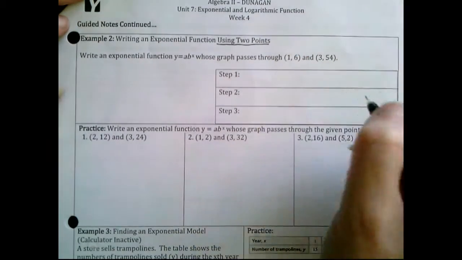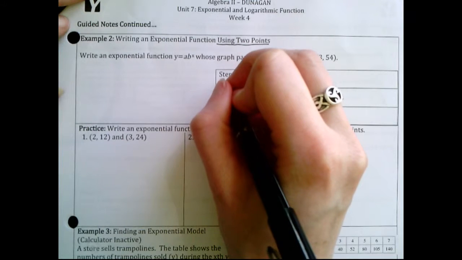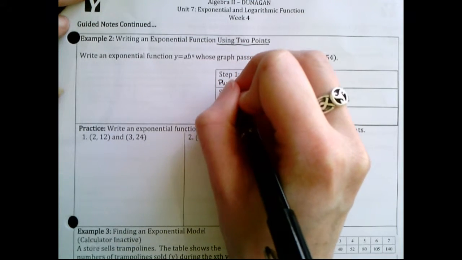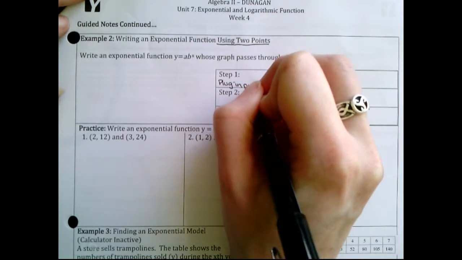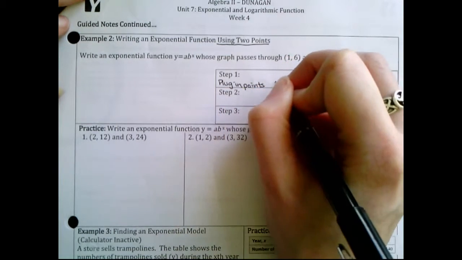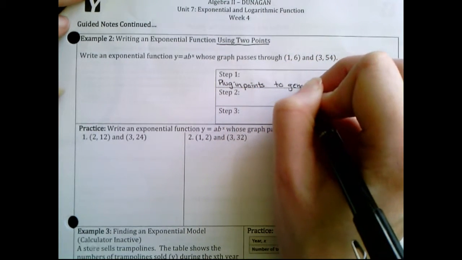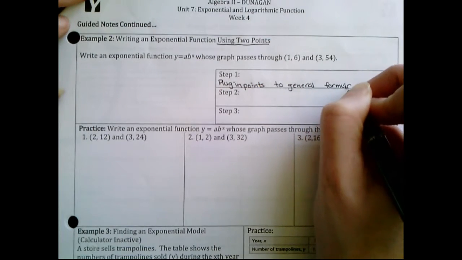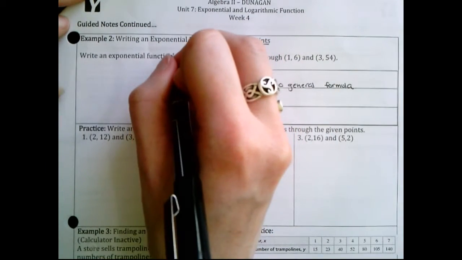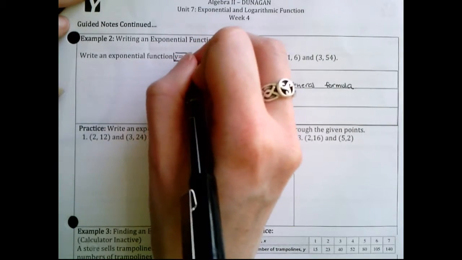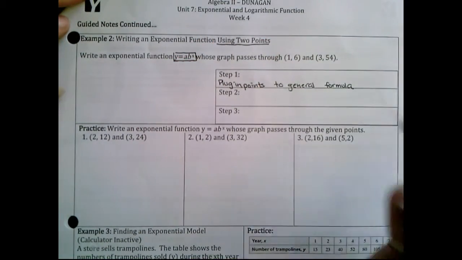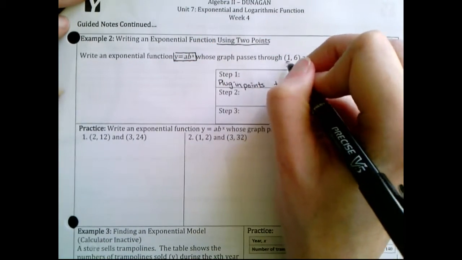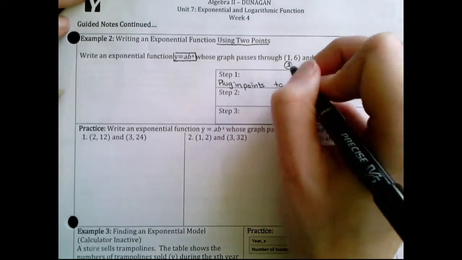So what we're going to do first, step number 1, is to create 2 equations by plugging in your points to the general formula. If we look here, it says you're writing an exponential, and it gives us this form, whose graph passes through point number 1, here, and point number 2 here.